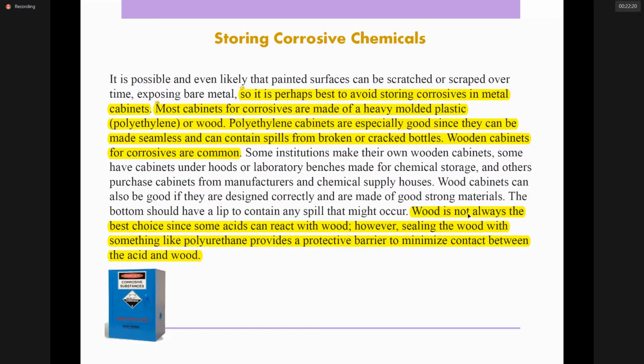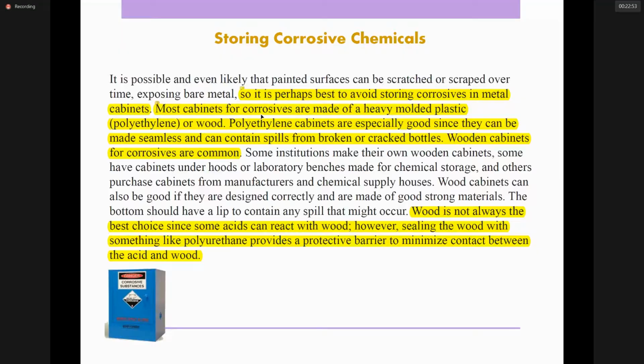However, wood is not always the best choice since some acids can react with wood. So some wooden cabinets are painted with polyurethane to provide a protective barrier to minimize contact between the acid and the wood.